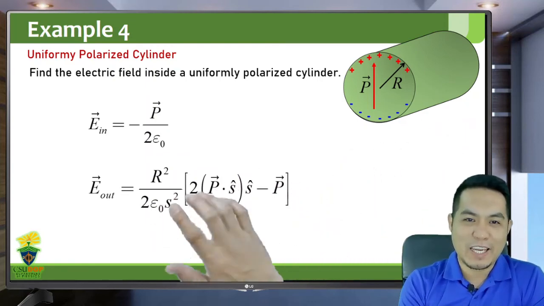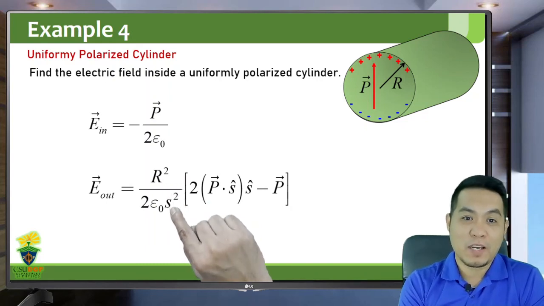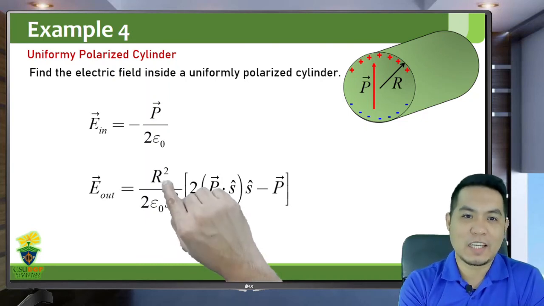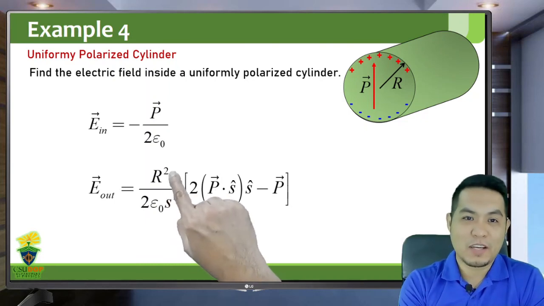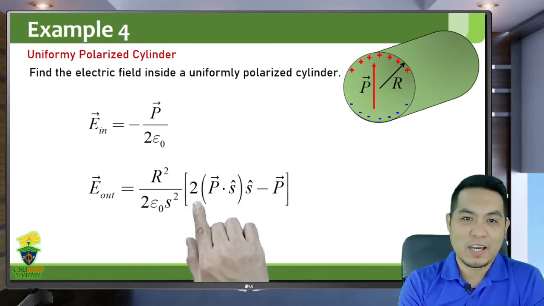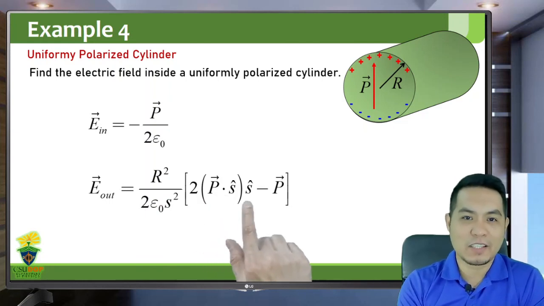In the sphere, you have capital R cubed over small r cubed. But here, our radius is S, and the total radius is still R, so R squared over S squared. And it's 2 epsilon naught instead of 3 epsilon naught. And instead of 3 P dot R hat, you have 2 P dot S hat minus P.